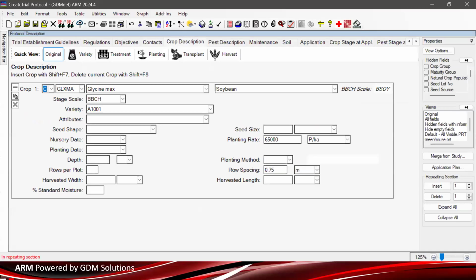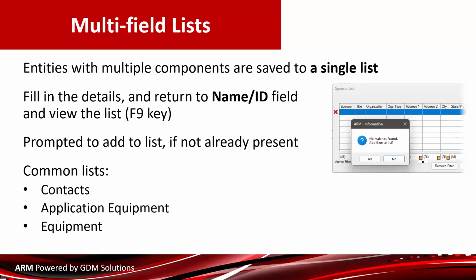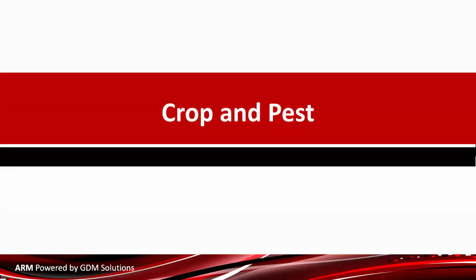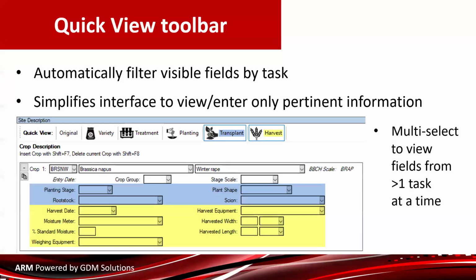So moving on to the crop and the pest, let me go back to our slides here. Just a couple of notes. For both the crop description and the pest description, we have a tool called Quick View. It's a little toolbar at the top of the screen. The idea is to make it easier to look at particular sets of fields.